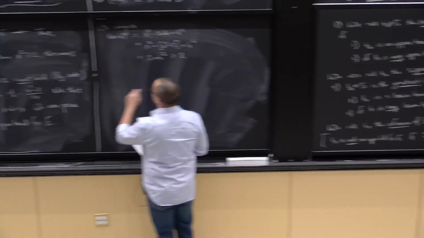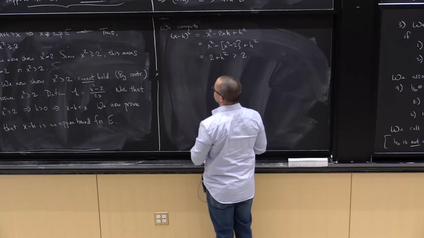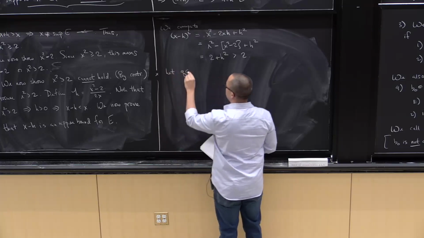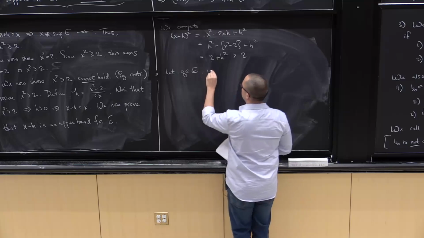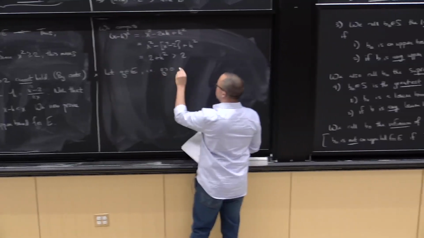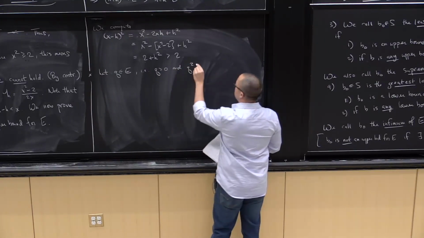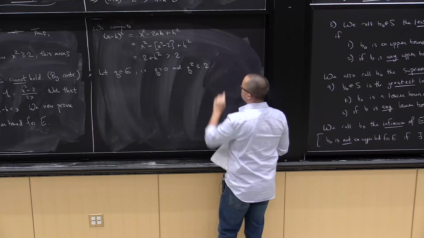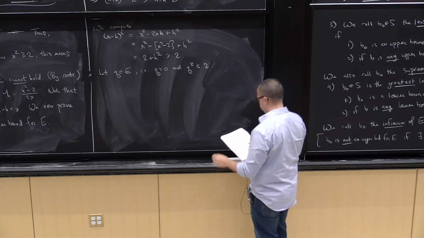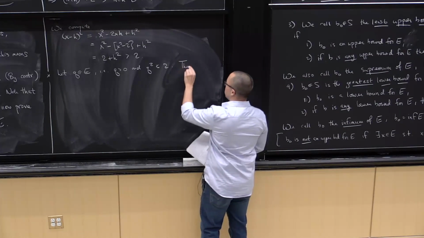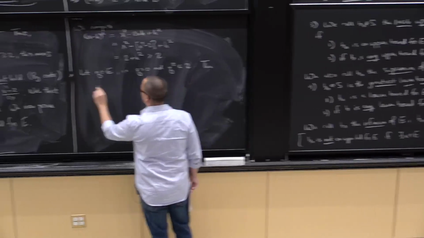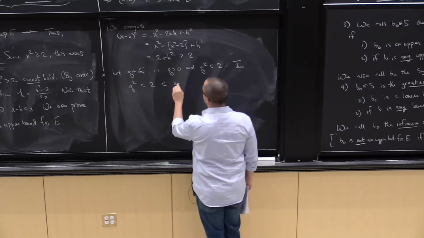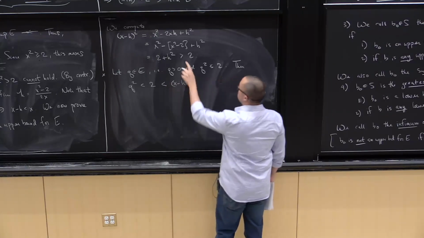Now I'm going to use this to show that x minus h is an upper bound for E. So let q be in E. Then q squared is less than 2, which is less than x minus h squared by what we just proved here.